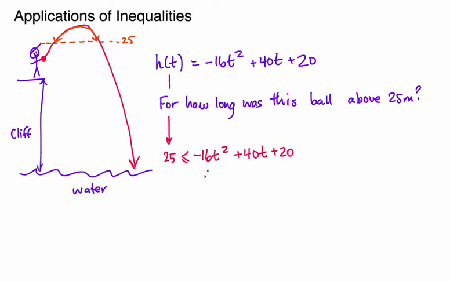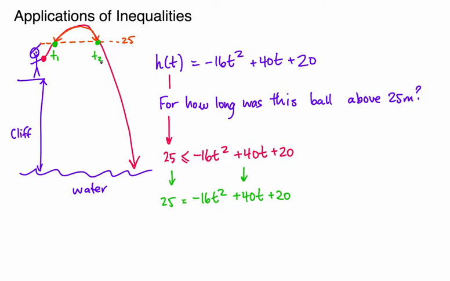Just like I did in previous sections, I'm going to take this inequality and simply make it an equality so that I can solve it, and that'll allow me to find these two times. I'm going to assume there are two, one when the ball goes up, one when the ball comes down, and I should get two solutions, both being positive times, for how many seconds after 0 it hits that.